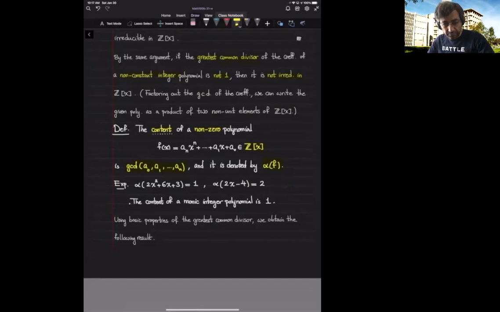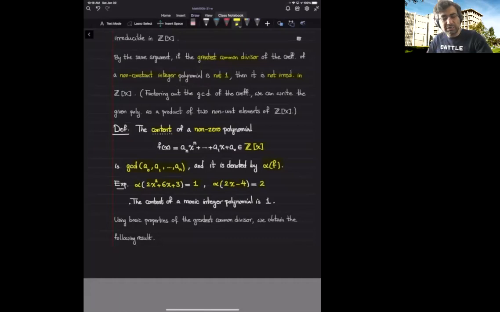Okay, so in this course, we are going to denote the content of f by alpha of f. For instance, if I look at the polynomial 2x squared plus 6x plus 3, then the GCD of 2, 6, and 3 is 1, and therefore the content of this polynomial is just 1. But when I look at the content of 2x minus 4, then I have to look at the GCD of 2 and 4, and I end up getting 2.